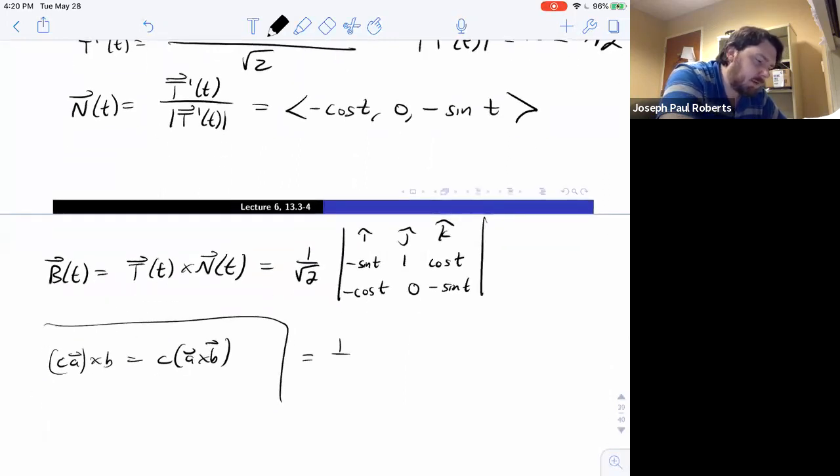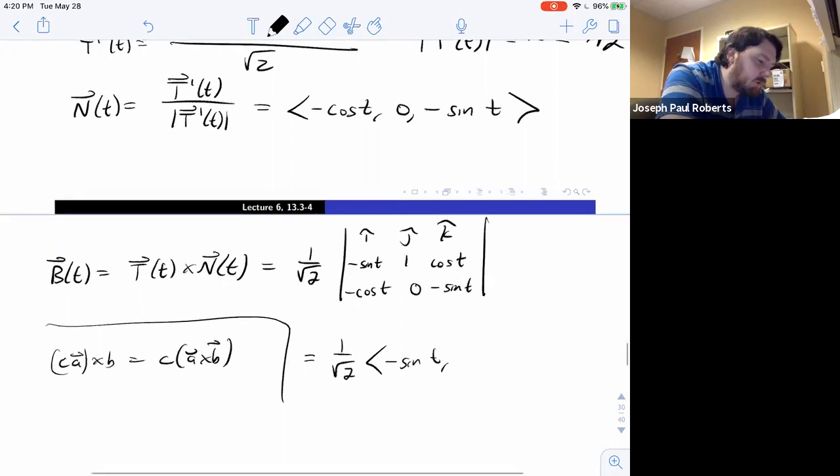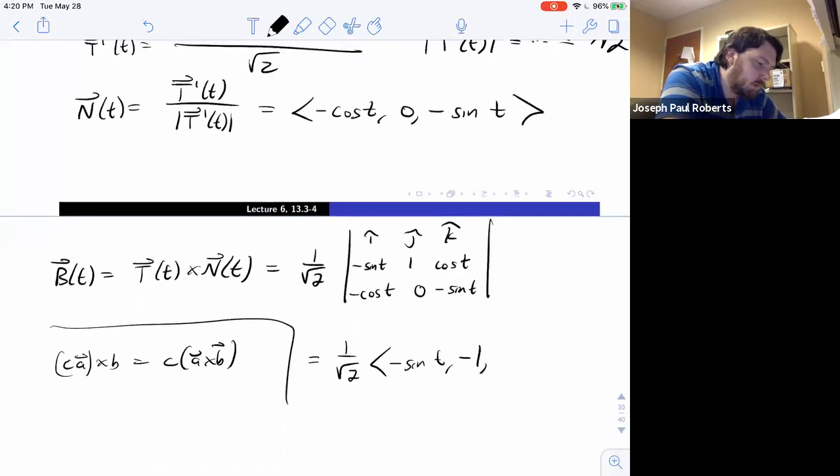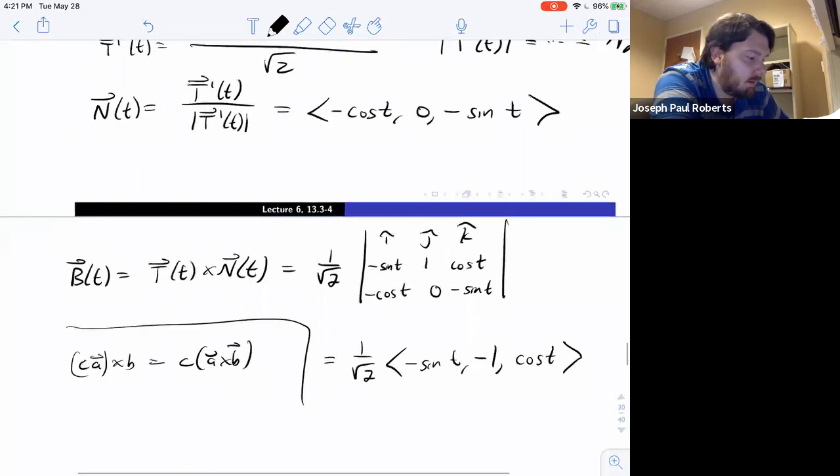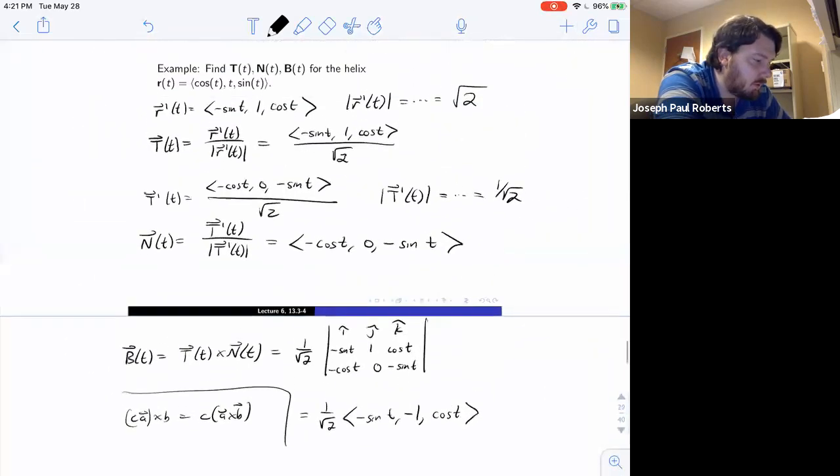And so you end up getting 1 over root 2 times, what is this going to be? Minus sine t, minus cosine squared t, minus sine squared t is minus 1. And then 0 minus negative cosine t is that. And there we go. That is T, N, and B for our helix.